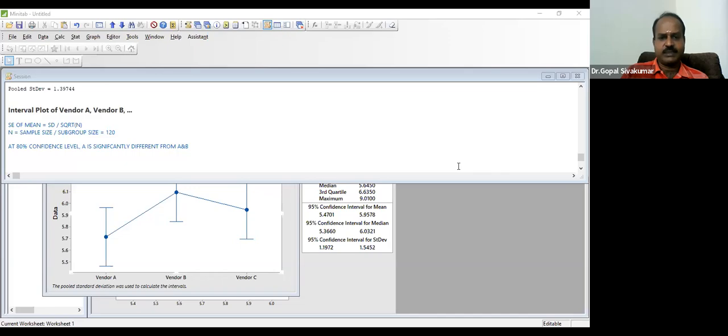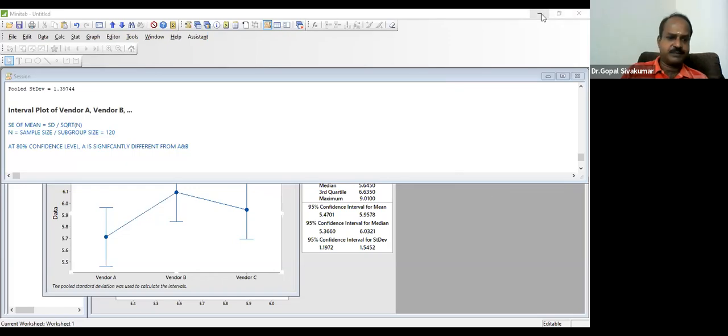The file is available, so I will only show the file. So I'm sharing the Minitab.